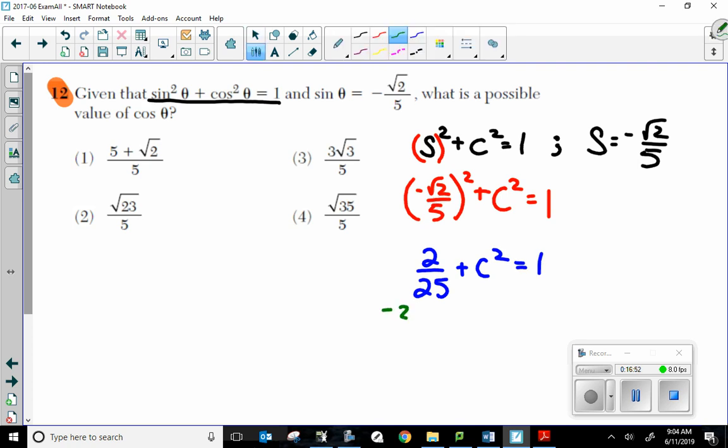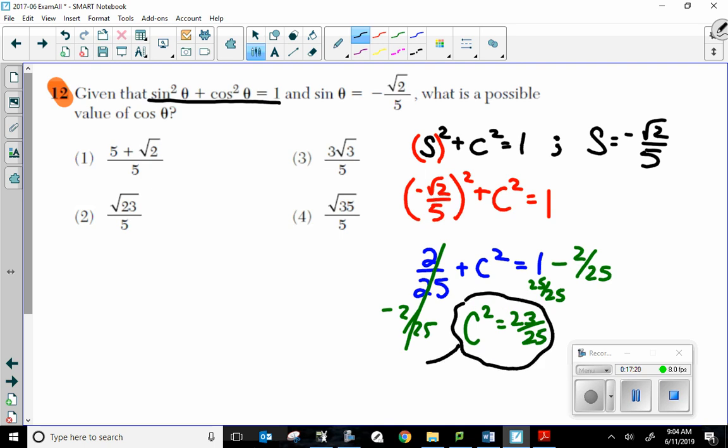Okay, let's subtract 2 over 25 from both sides. And I end up with c squared equals, I hope you know that 1 is the same thing as 25 over 25. If I have 25 over 25 and I subtract 2 over 25, I end up with 23 over 25.